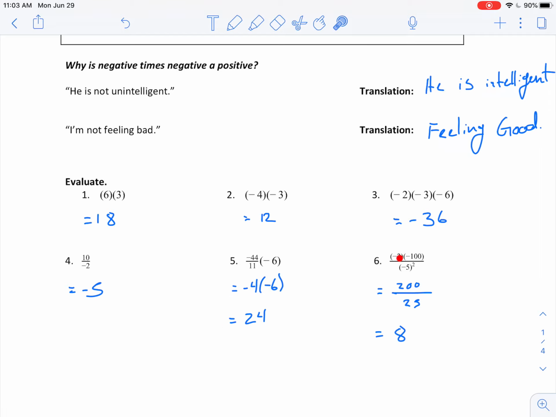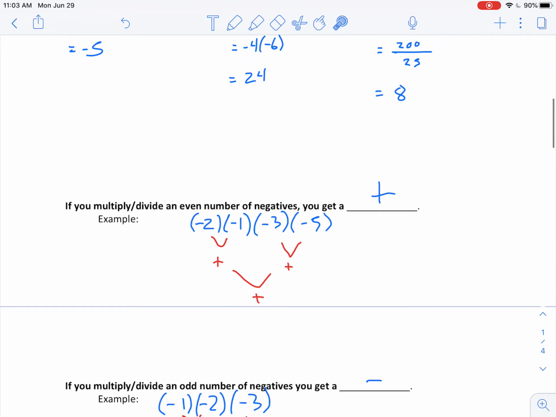And negative 2 times negative 100, all divided by negative 5 squared, or negative 5 times negative 5. Negative 2 times negative 100 gives us positive 200. Negative 5 times negative 5, those are two negatives multiplying, gives us a positive value. 5 times 5 is 25. And then we have 200 divided by 25. Both are positive and give us a final answer of 8.